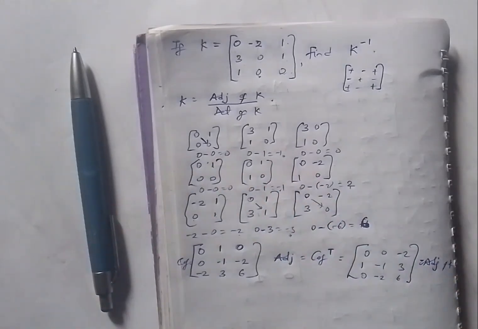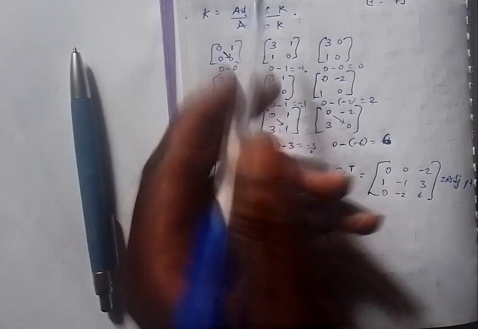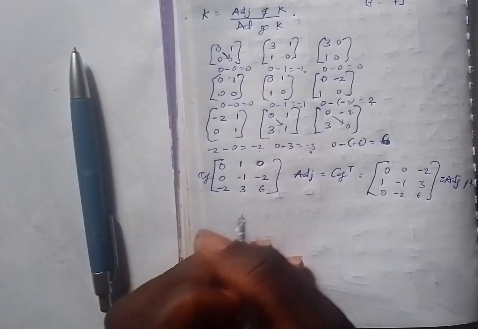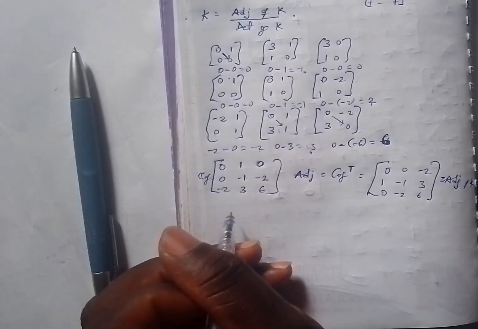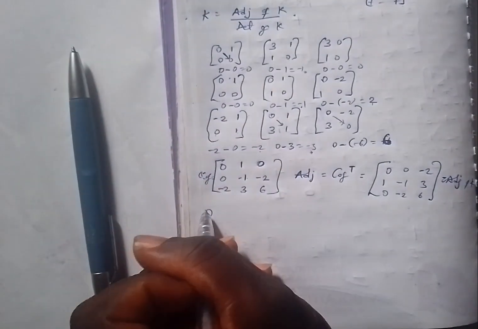Now let's get to know the determinant of K. Please make sure you are following. I've treated the determinant of a 3 by 3 matrix before, but we still need to do it. So for the determinant of K, we are going to introduce plus, minus, plus here. Because this is plus, I'll have 0.